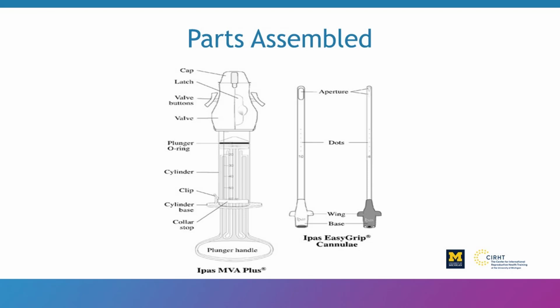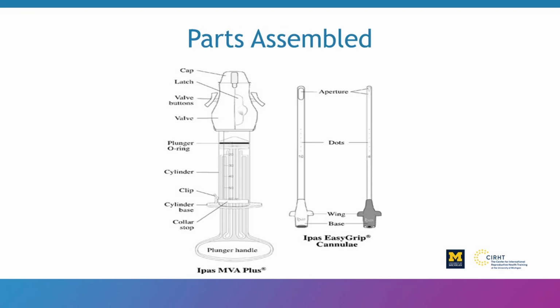Cannulas are meant to evacuate the content of the uterus, but we can use the small sized cannulas to dilate the cervix. So we can start with 4 millimeter cannulas, and this helps us to open the cervix.